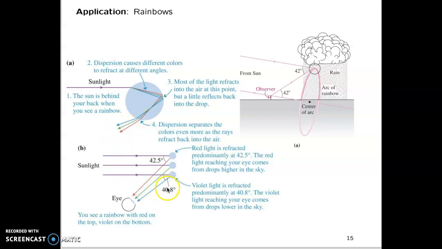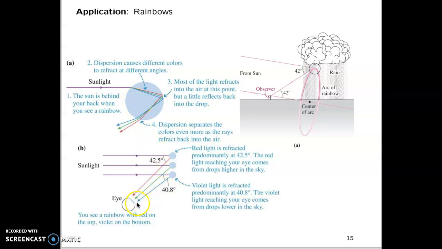You're going to be seeing at this angle light corresponding to the color blue. Okay. If you look a little bit higher up, well, you see the way the red light is, the path the red light is following in relation to the blue light. This angle will be somewhat greater. It's 42.5 degrees measured relative to the direction the sunlight was originally coming at before it hit the raindrop.